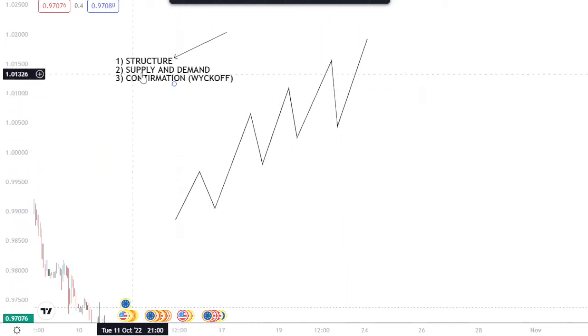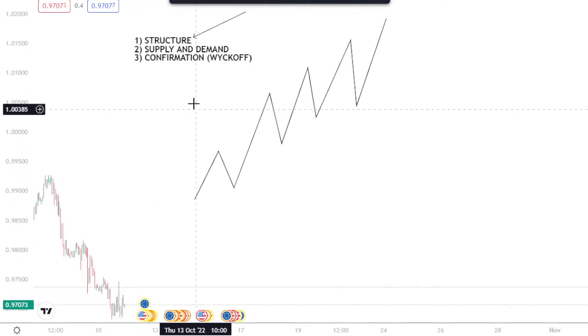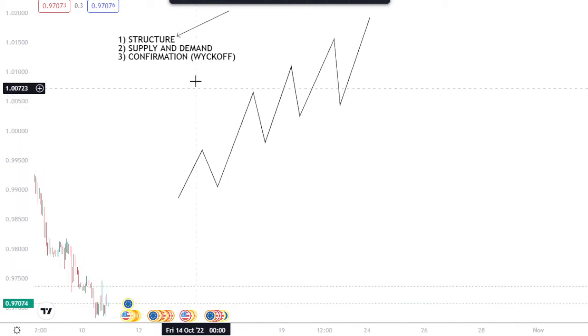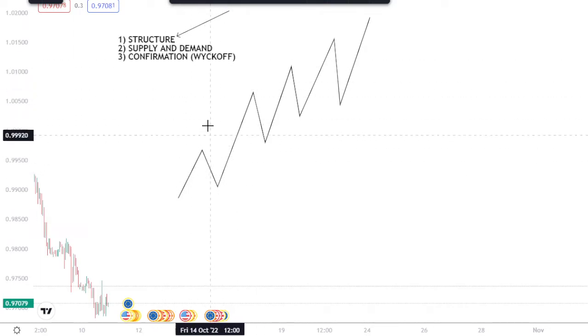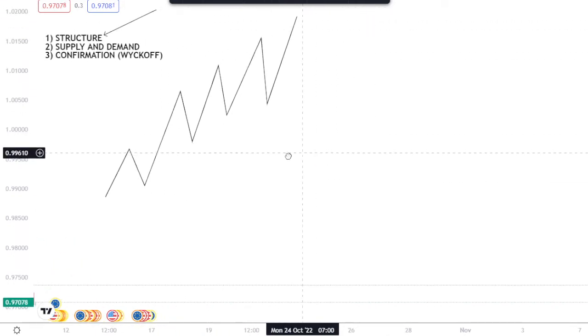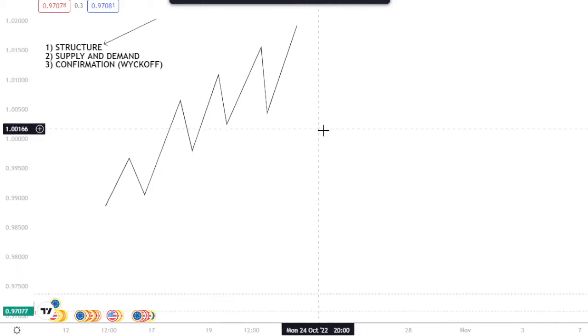Now let's apply this second concept that we said, supply and demand. Now how do we see supply and demand? For us to see what is a supply or demand zone, a supply or a demand zone is the last zone before this momentum movement. If we check from this market structure, let me draw it beside so that I don't scrape these things.